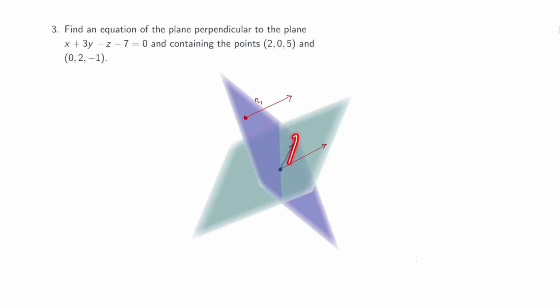Okay, so if you take the cross product of these two vectors, you can obtain a third vector which is perpendicular to both. Hence, this new vector, the cross product, is perpendicular to the plane, and we can choose this one as your normal vector. Okay, let's put a calculation for this case.